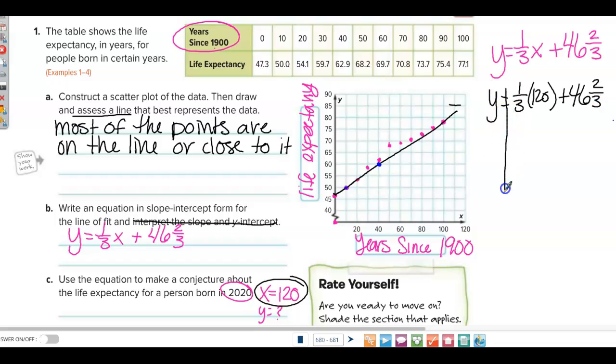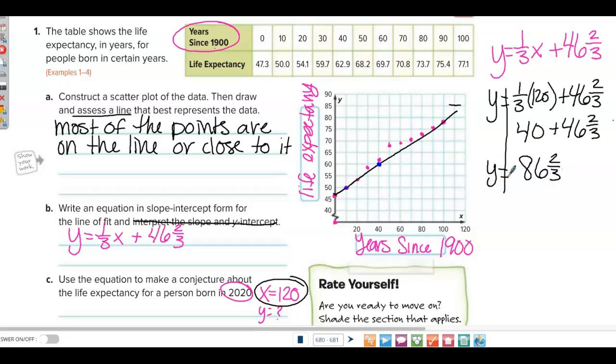So since everything is on that left side, I do the same operation. I take 1/3 times 120, and I get 40, plus 46 2/3 gives me 86 2/3.